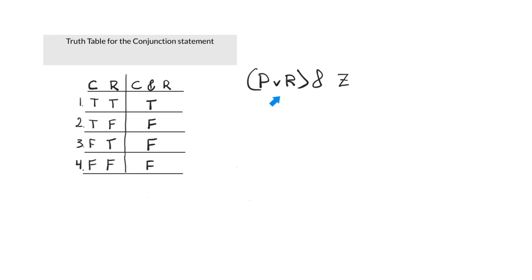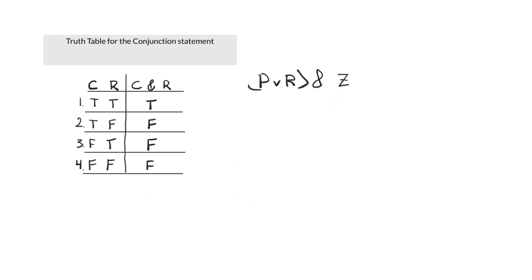The left statement is itself a disjunction. The right statement is Z, it's just a simple statement. But these two statements are combined with the ampersand. So this is a conjunction as well. It would still follow the rules for the regular conjunction, meaning that this conjunction will be true only when the left side, P or R, is true, and Z is true on the same row.